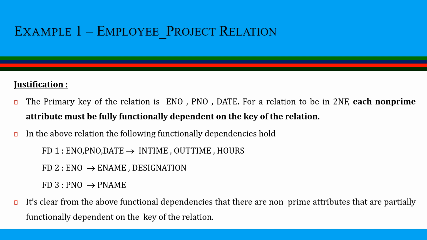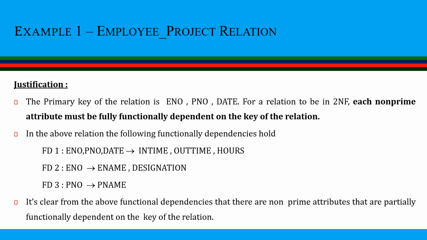If one of them is removed, the FD still exists. Such a dependency is called a partial functional dependency, right? So we can say that the table is not in 2NF.